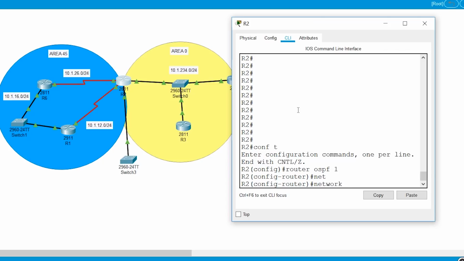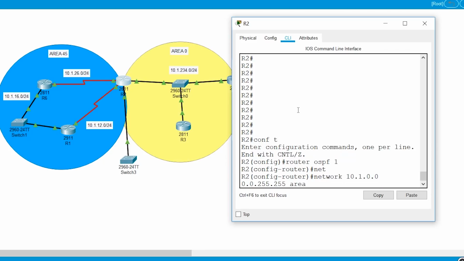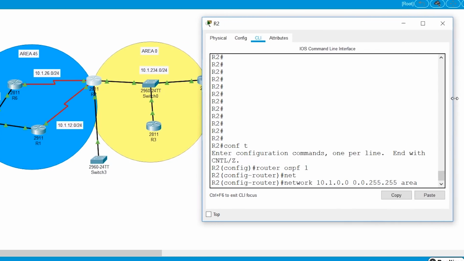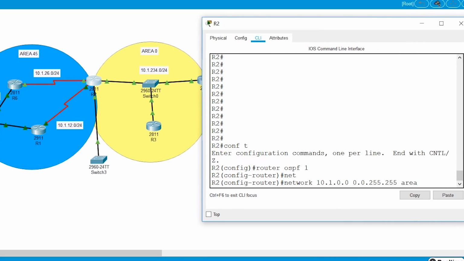We can say network 10.1.0.0 0.0.255.255 area. Now what do I give? Because it's working in multiple areas. How do I configure this? If I give area 0, what it would do is it would look at the interface command or running command and look at all the interfaces which have IP address 10.1 in the first 2 octets, and it will enable OSPF to run in whatever area we give here.